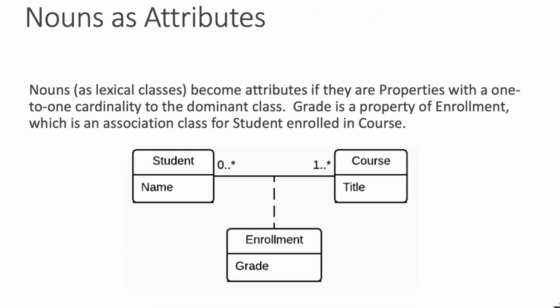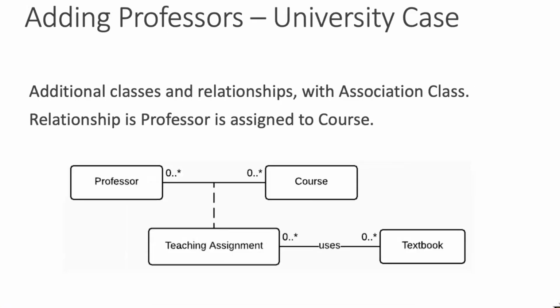And then we can have the cardinalities between these two groups. And also in the university system, it's not just about the students. The professors are also involved, okay? So professors can have 0 to many courses. Why 0? Because there are some professors in the university who don't teach anymore.